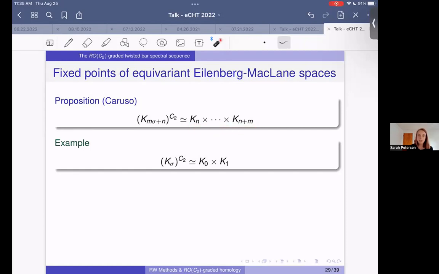And what he shows is something actually a little bit more general. He shows a similar formula for C_p fixed points. So in a particular example, the fixed points of K sigma is going to be a copy of K0 times a copy of K1.